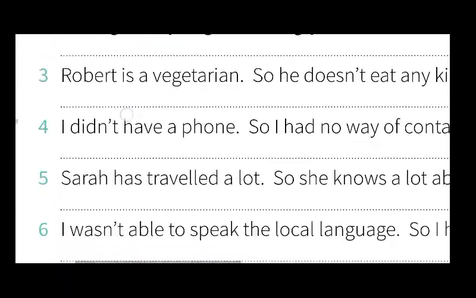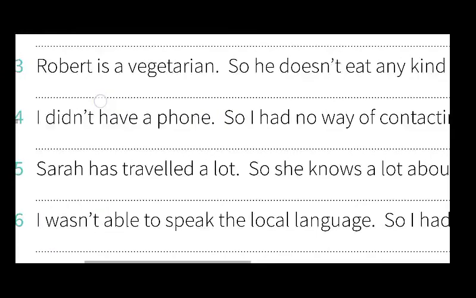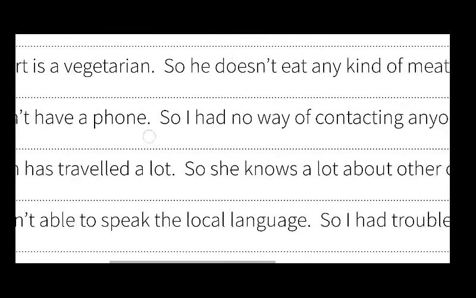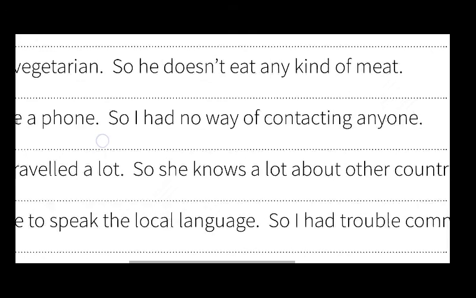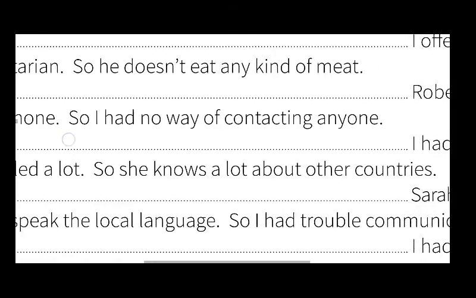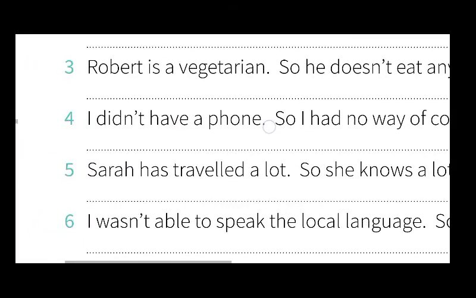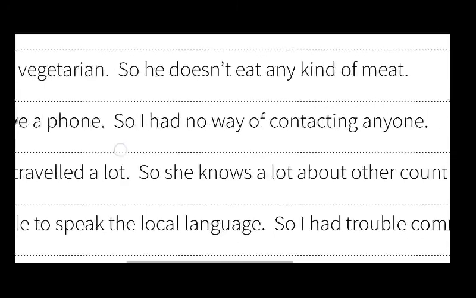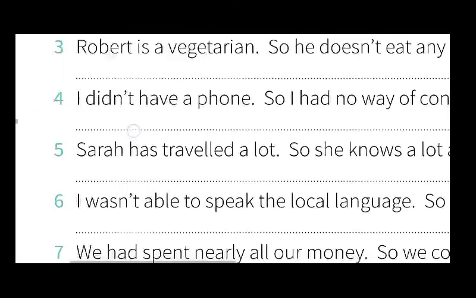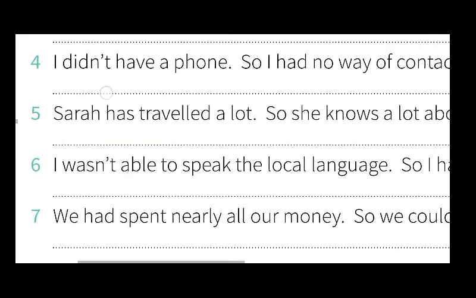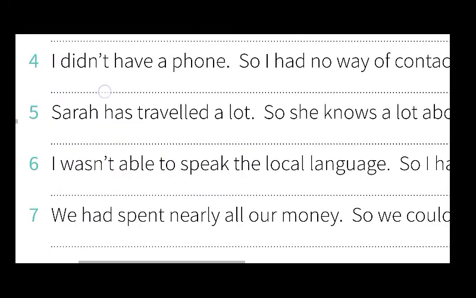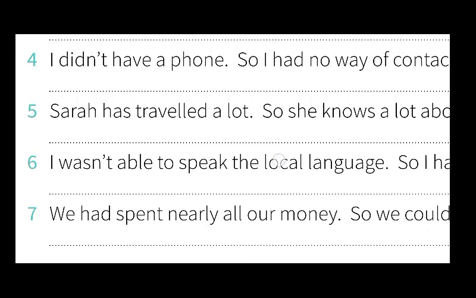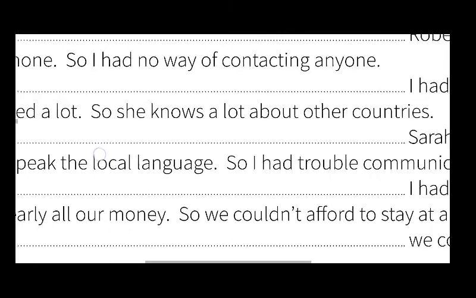Number 5, Sarah has traveled a lot. She knows a lot about other countries. So we have, having traveled a lot, Sarah knows a lot about other countries. Number 6, I wasn't able to speak the local language, so I had trouble communicating.